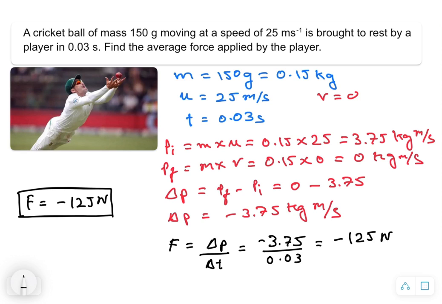The negative sign indicates that the force is applied in the opposite direction to the ball's motion. Again, I am repeating, this negative sign indicates that the force is applied in the opposite direction to the motion of the ball.